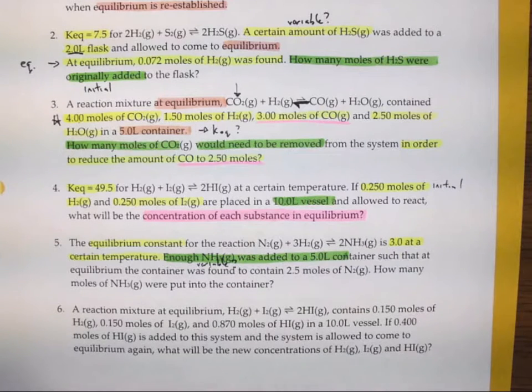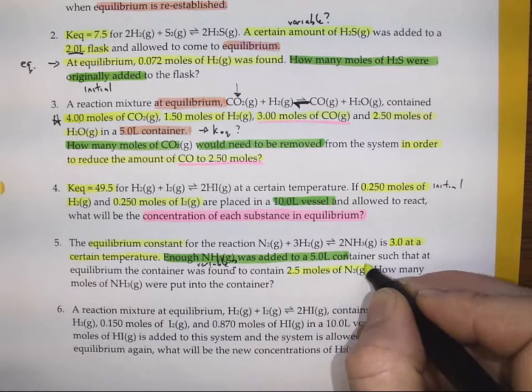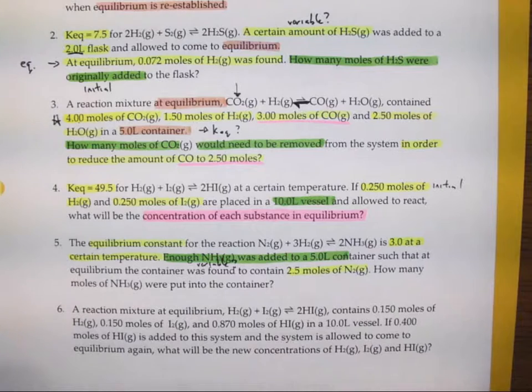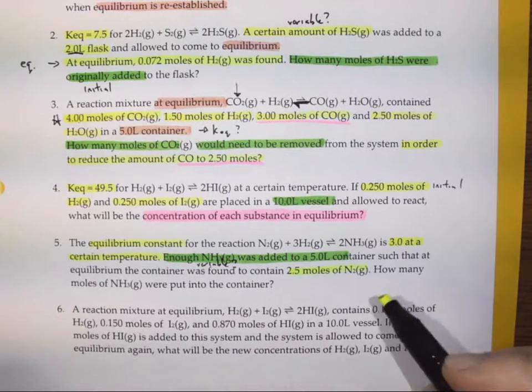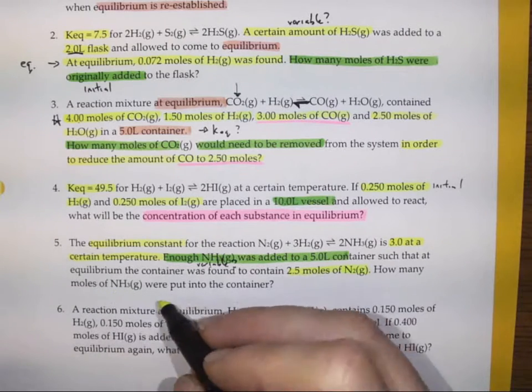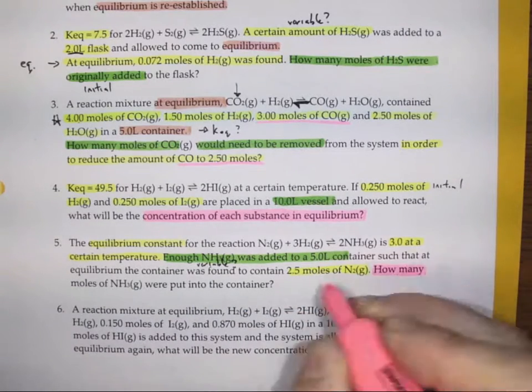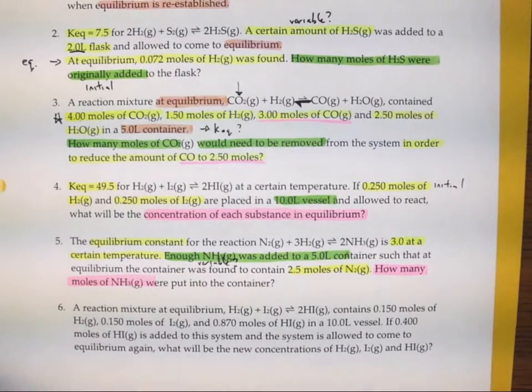Such that the equilibrium in the container was found to contain 2.5 moles of nitrogen gas. And that's all we're told. We know at equilibrium there's 2.5 moles of nitrogen. And the question is how many moles of ammonia were put into the container. So maybe we should make a note about that.